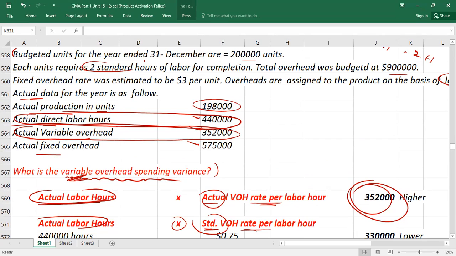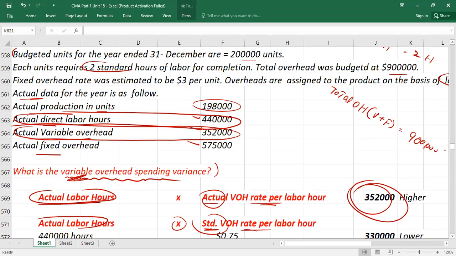Understood? How can I work now? So 2 standard hours of labor is given, right? This is hours, not rate. I want the standard rate. Rate is always in dollars. So now I have to work with it. I am provided with the total overhead cost. Total overhead means it includes both variable and fixed, which is how much?